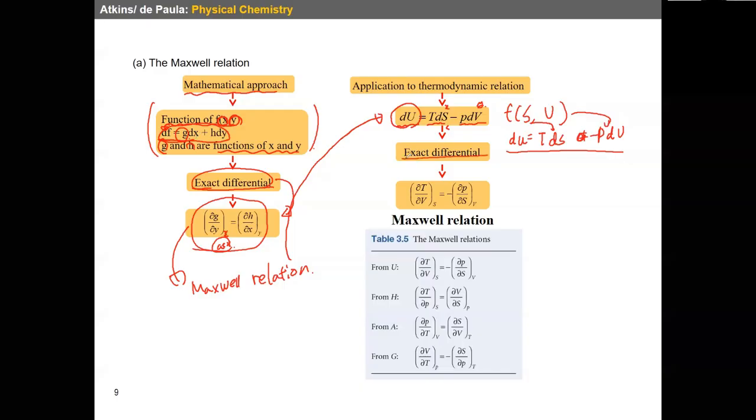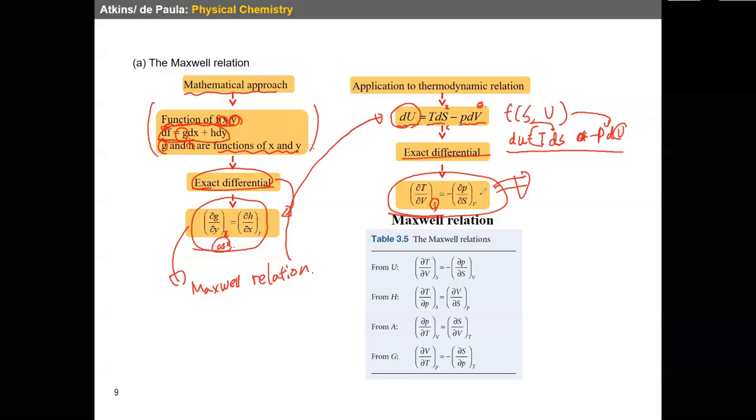Because this is an exact differential, we can simply write that the partial derivative of T with respect to V at constant S equals minus the partial derivative of P with respect to S at constant V. Because of this Maxwell relation, we can get this equation.